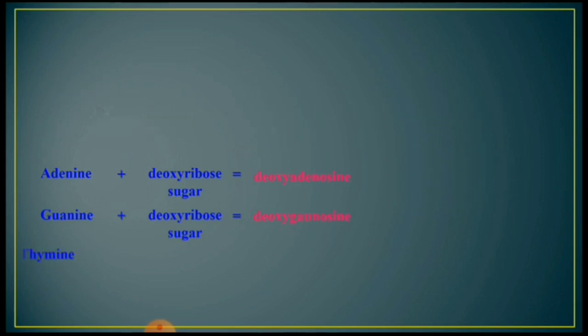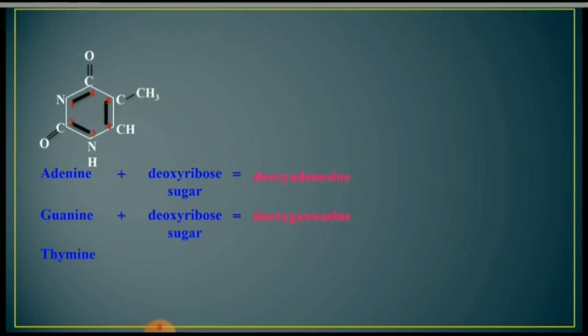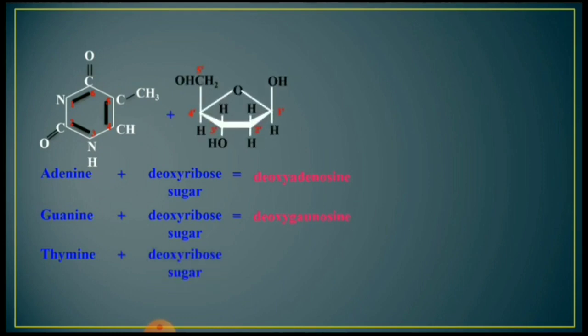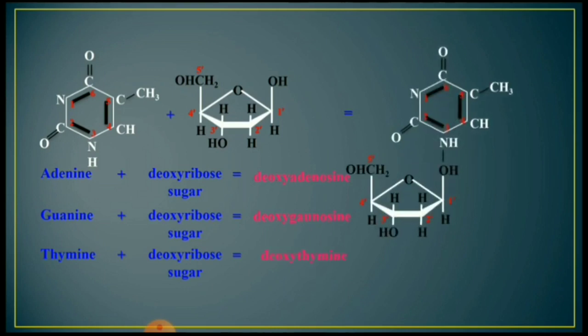Then we'll move to the third one. Thymine combines with the pentose sugar, deoxyribose sugar, to form deoxythymidine. Here the bond formation is a 1,1 N-glycosidic bond.